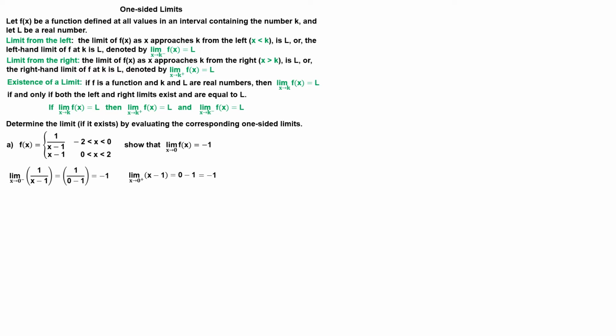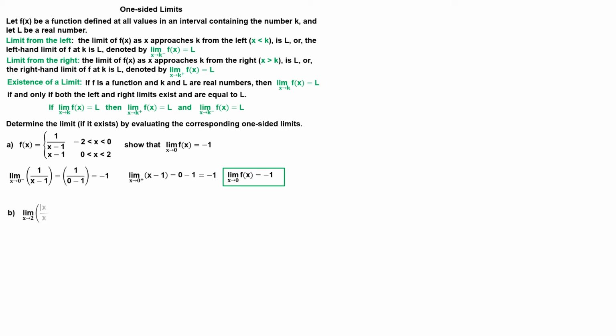Since f approaches -1 from both the right and left, the limit of f as x approaches 0 exists and is -1. It is clear by looking at the graph that both the left and right-hand limits of f of x as x approaches 0 are -1. Thus, it is also clear that the limit is -1.